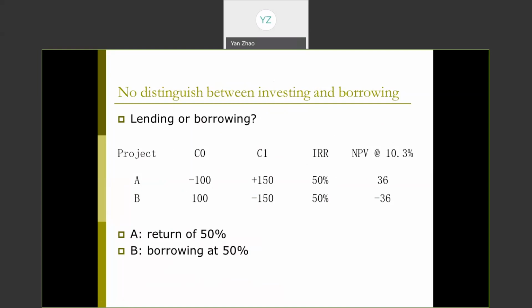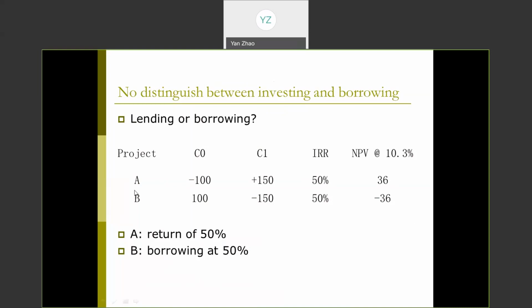When you calculate the internal rates of return, both of them will show you 50%. When you calculate the net present value, assuming a 10.3% discount rate, the first project will generate a positive net present value, while the second one, of course, is a negative net present value.